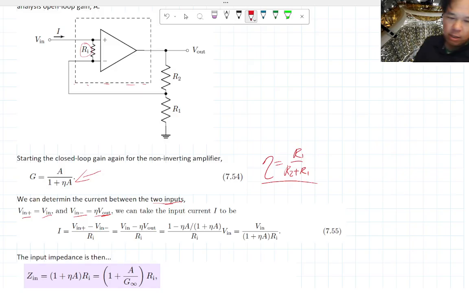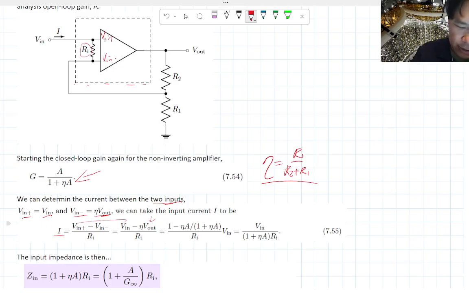Then we can use that to calculate the current: the current here is basically V plus minus V minus, divided by that resistance. So let's see how much current goes through here. In this case, V plus is just V in, V minus is eta V out. Plug that in.